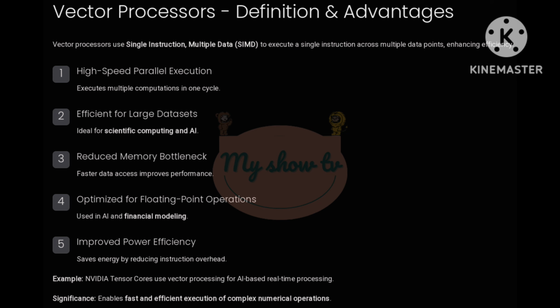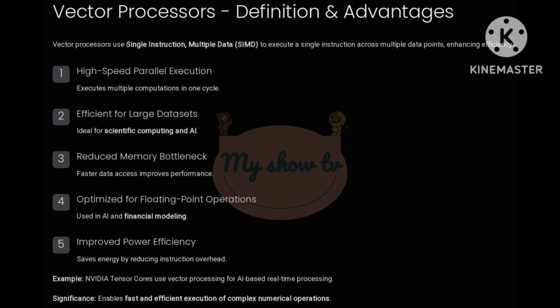3. Reduced memory bottleneck. Traditional CPUs fetch data from memory multiple times, slowing performance. Vector processors fetch data once, apply operations to multiple elements, and store the results efficiently. 4. Optimized for floating point operations. Many real-world applications rely on floating point calculations, e.g., AI, physics simulations, and image processing.